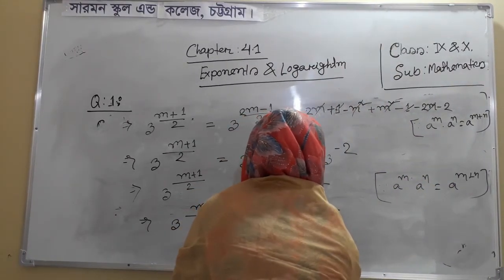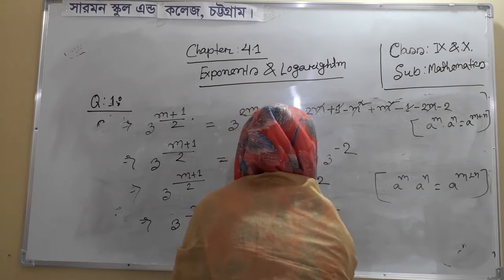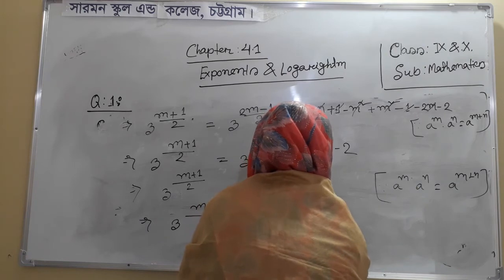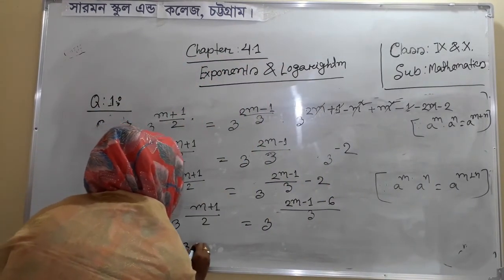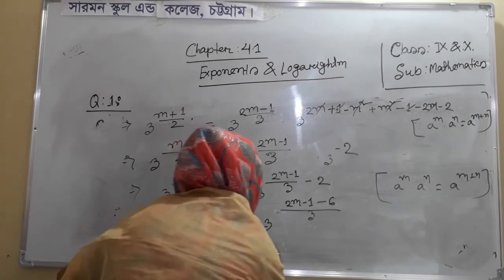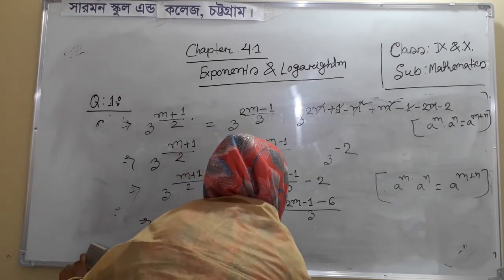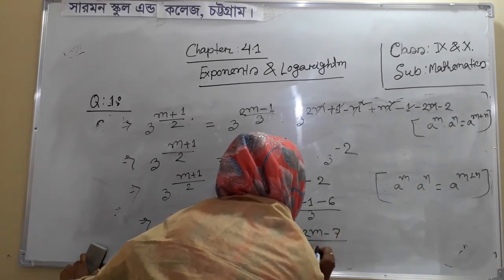The LCM is 3, so 2m minus 1 minus 6. Now 3 to the power m plus 1 divided by 2 equals 3 to the power 2m minus 7 divided by 3.